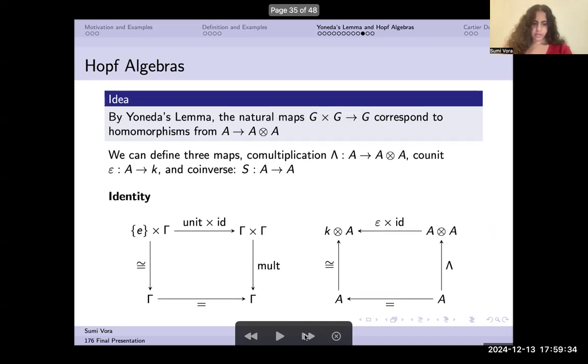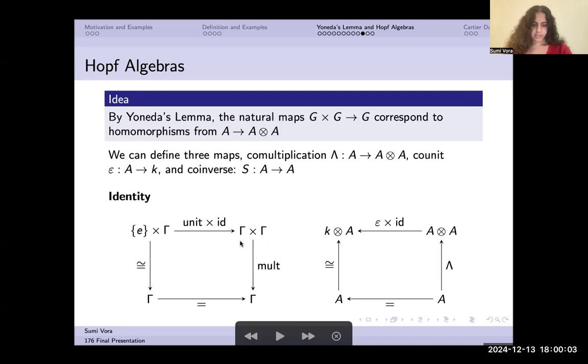Okay, and then we're going to do the same thing with identity and inverse. So here's identity. On the group side, the unit map, the identity map, sends E, in the set of the trivial group, to E in gamma, and then going down, we multiply, which just gives you the same thing, because you're just multiplying one on the left with something in gamma.